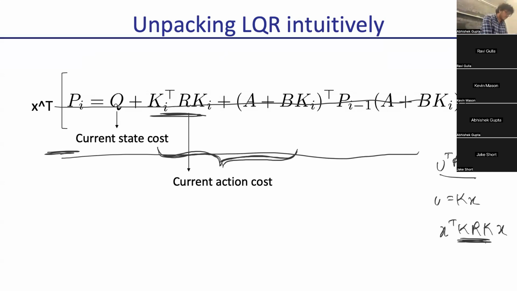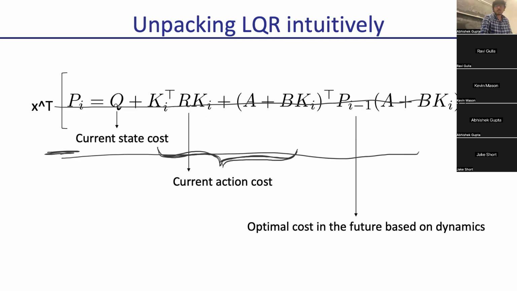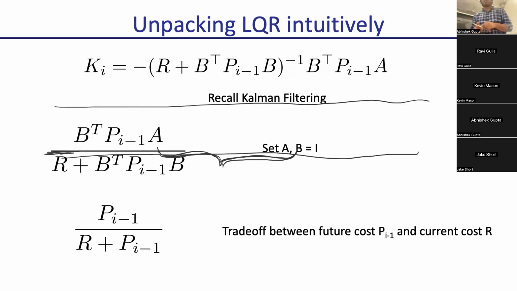And then the last term is the optimal cost in the future based on the dynamics. So the last term is saying you're going to take one step and then consider what the cost is going to be in the future. Intuitively, you can think of it as breaking down those three costs, and then you can think of your gains as coming from trading off your current cost and your future cost. Okay, that's it for now. Let me know if you have any questions. Thank you.